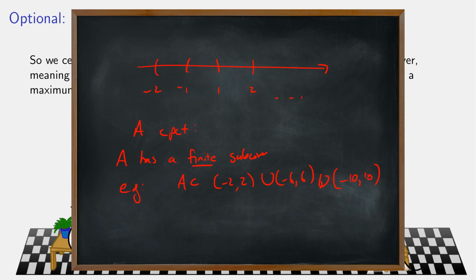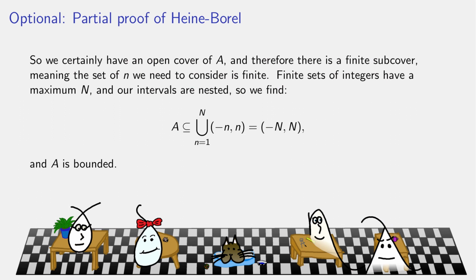Well, if I union all of these things here, that's just -10 to 10. And therefore A is bounded because it belongs to the interval that goes from -10 to 10. So anything which is compact in the reals must be bounded. We will eventually prove it's also closed, but it takes a lot more work, and we're not going to do it right now.